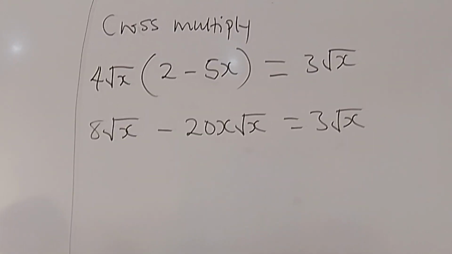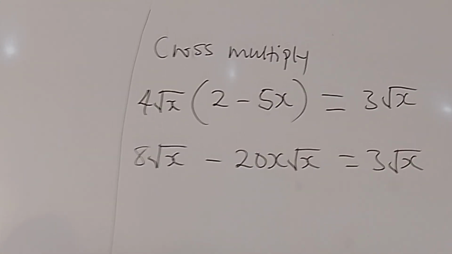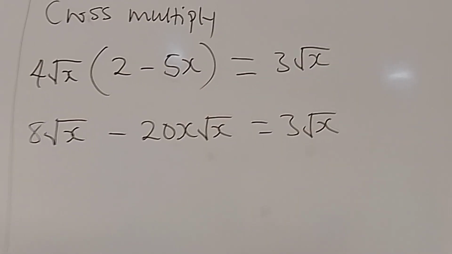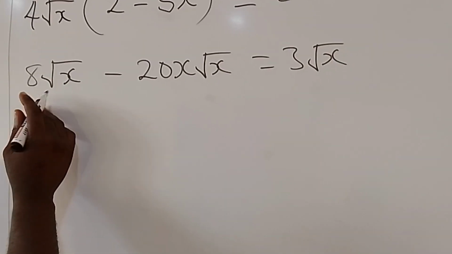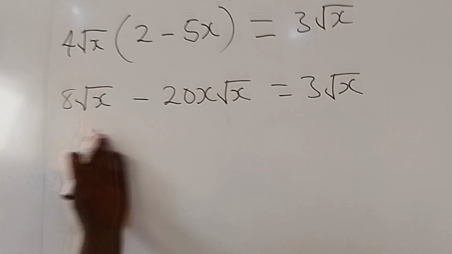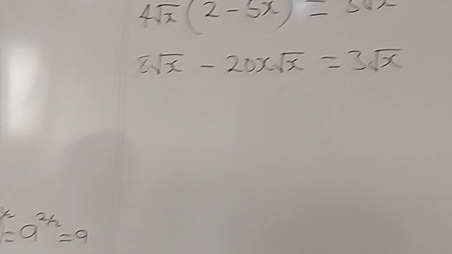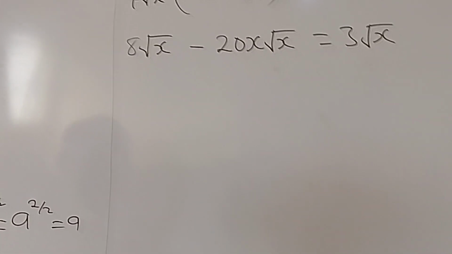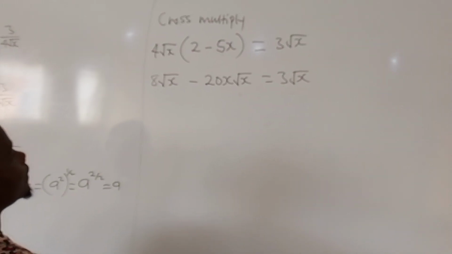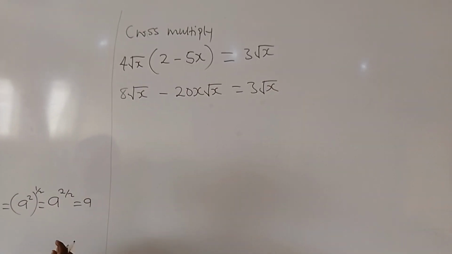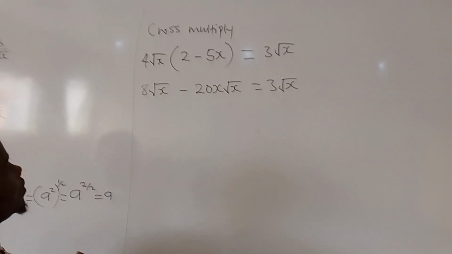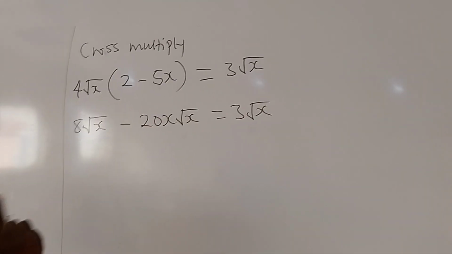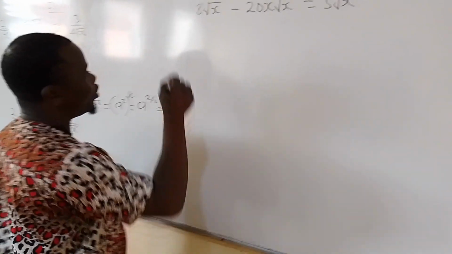If you can see what I am saying, look at the left hand side. Something is common, true or false? Because I want to do something that will help you.